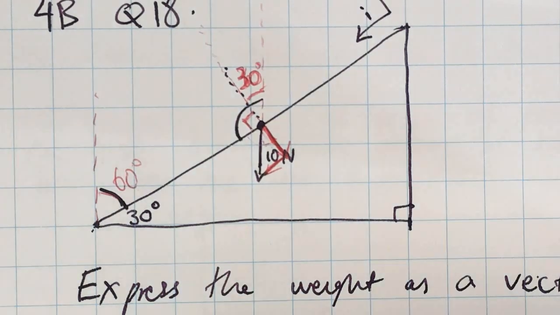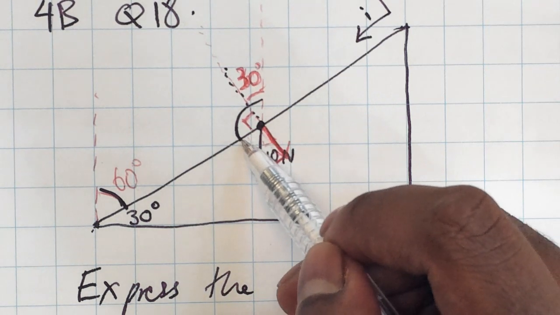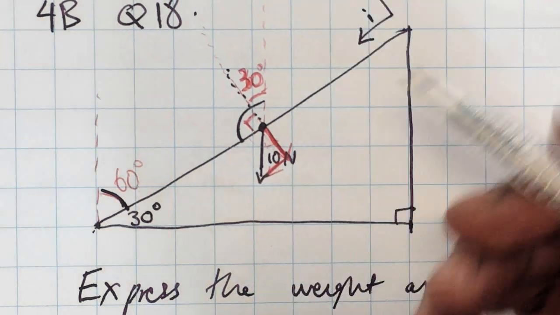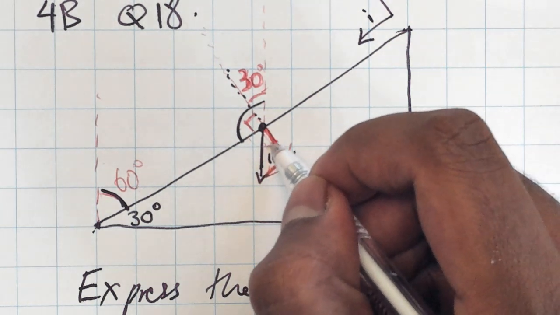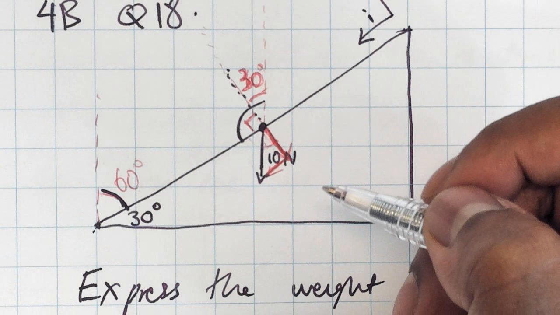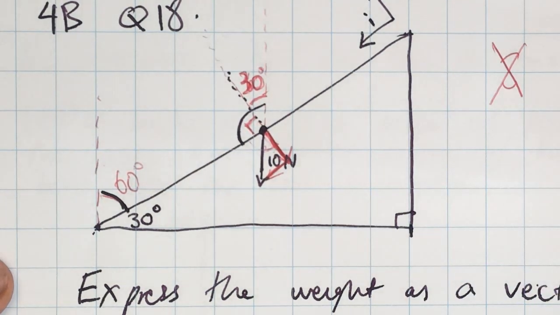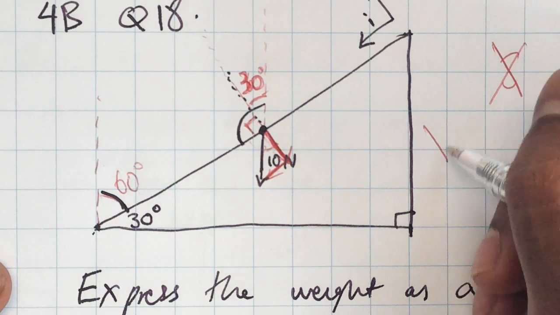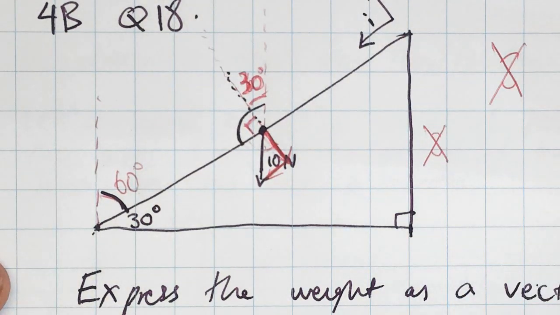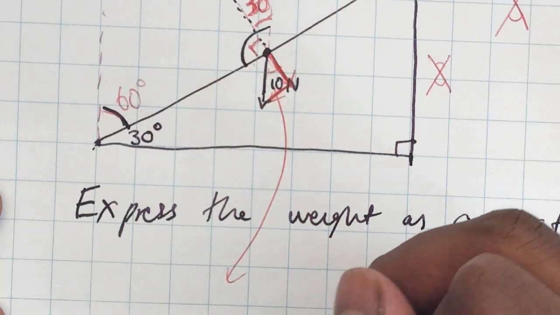That's 90 there, and that means this whole thing has to also be 90. But how do I get this angle there? It is also 30 due to this rule: alternate angles are equal.